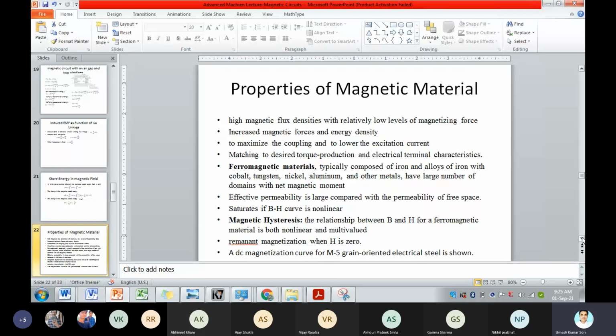We are increasing the current, then it will increase the magnetic field intensity, and depending on the magnetic field intensity, the flux will be set up equal to B upon mu. अगर हम H इंक्रीज करते हैं बाई इंक्रीजिंग द करेंट, है ना, क्योंकि करेंट द मैग्नेटिक फील्ड इंटेंसिटी इज प्रोपोर्शनल टू द करेंट। तो करंट बढ़ाएंगे हम, मैग्नेटिक फील्ड इंटेंसिटी बढ़ती है, तो उसके अकॉर्डिंग B भी बढ़ना चाहिए लीनियरली। But in the practical case, all the materials will cease to be linear after a certain range.